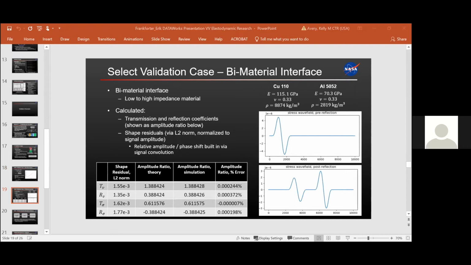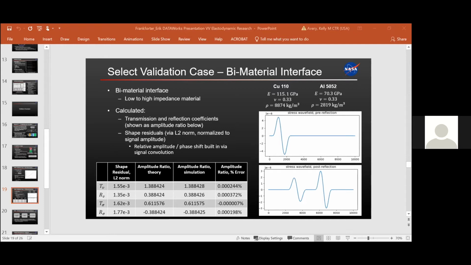Thank you. So for the bimaterial interface case, this is from low to high impedance materials, from copper to aluminum. We're looking at transmission reflection coefficients. On the right, we have the incident wave on top, and then the reflected wave on the left and a transmitted wave on the right.